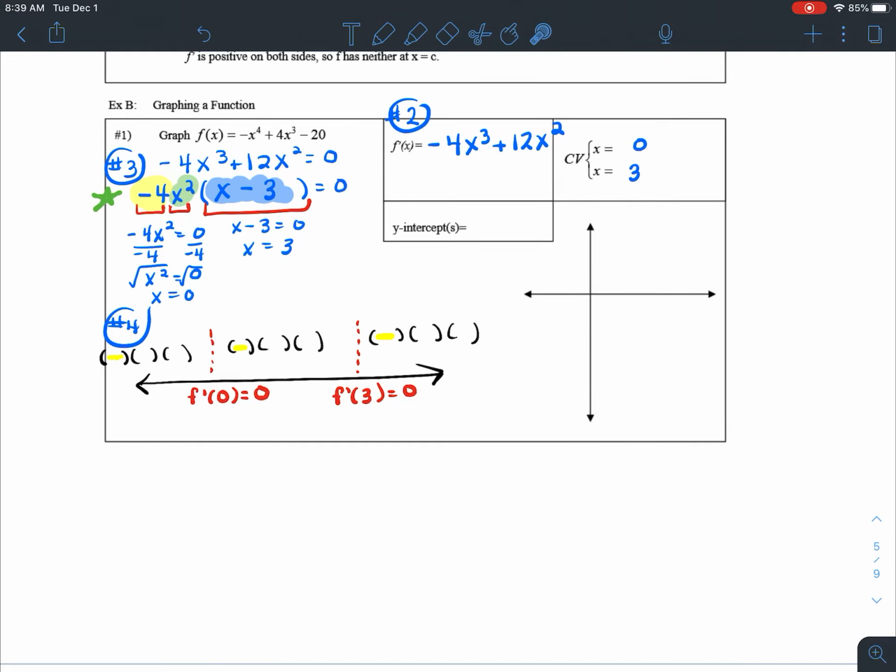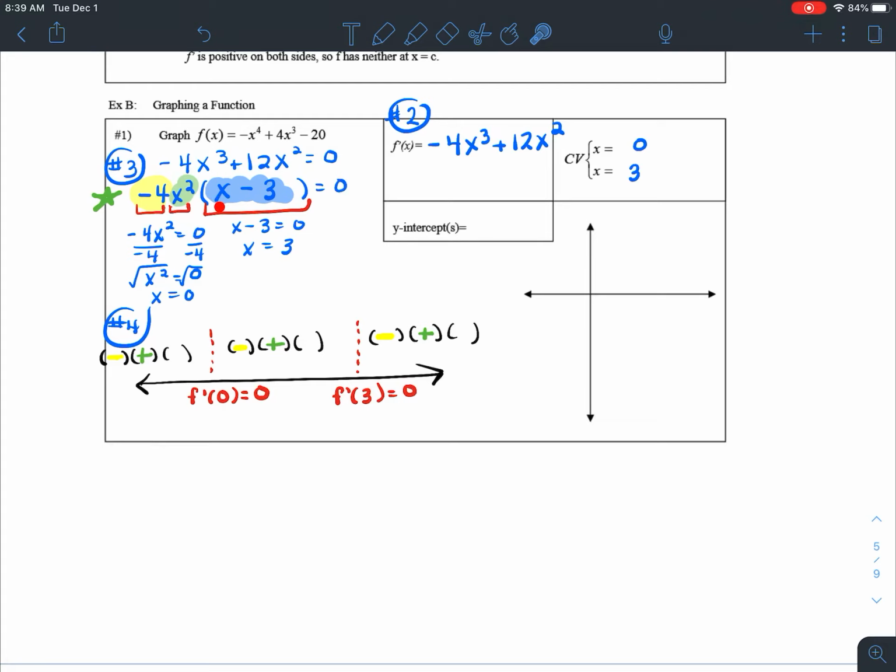If something is squared, whether you plug in a positive for the x and square it, or whether you plug in a negative for the x and square it, it's always going to come back as a positive. So I don't need to waste time picking a number. I know that if this factor is just something squared, it's always going to come back as a positive. So I'm going to lock in that middle green factor as always being positive.